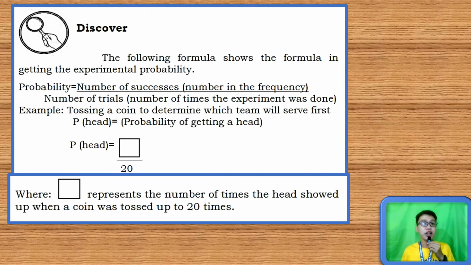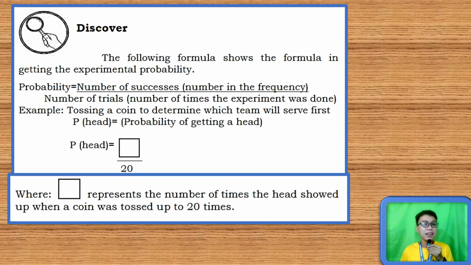The following shows the formula for getting the experimental probability. Probability is equal to the number of successes, or the frequency, divided by the number of trials, or the number of times the experiment was done. For example, tossing a coin to determine which team will serve first.